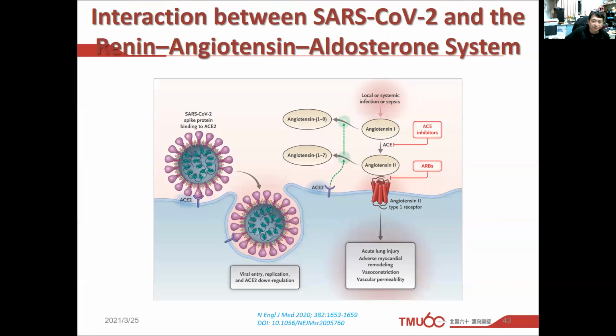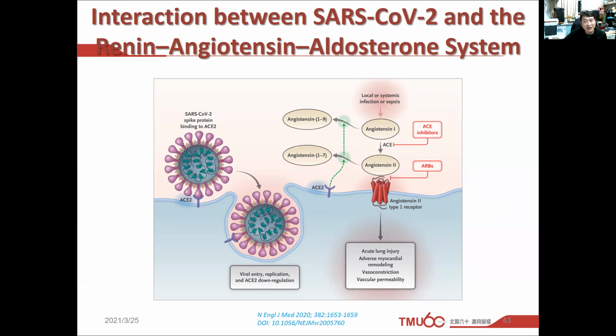Keep in mind, let's look at the COVID-19 virus. They bind to the ACE2 receptor, right? So with ACE2 depleted, no more ACE2-mediated signaling will proceed. Most of the angiotensin 1 and 2 do not convert to the short peptide.